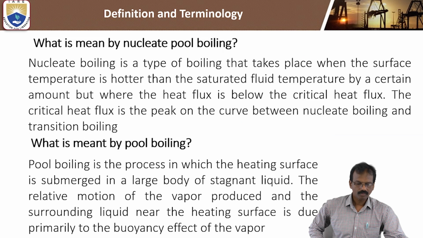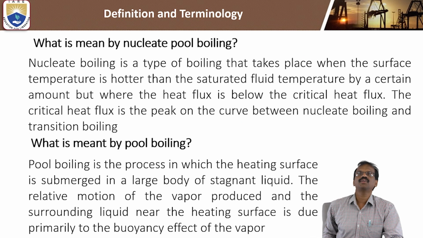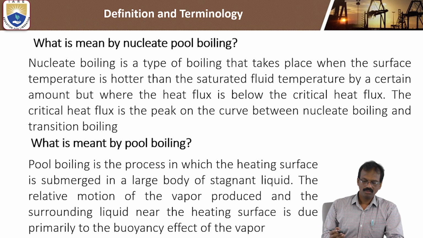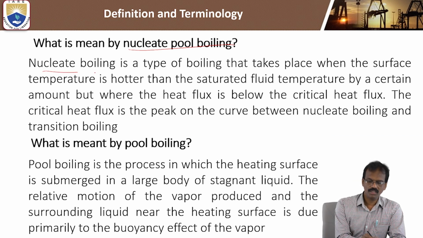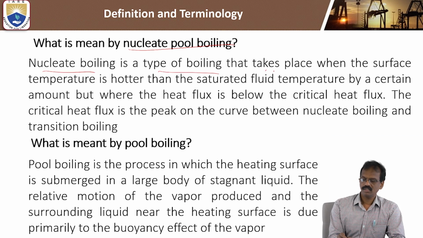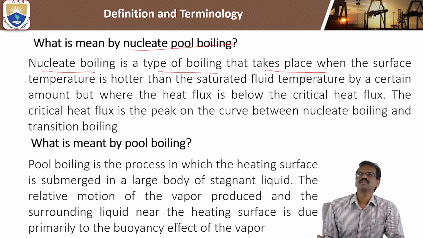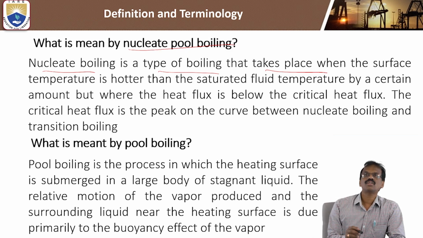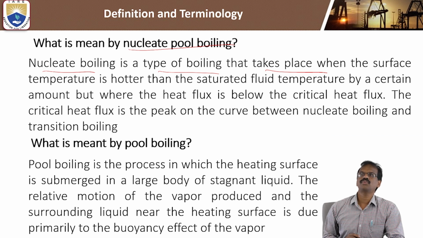So what is meant by nucleate pool boiling? You know that there are different types of boiling. Nucleate boiling is a type of boiling that takes place when the surface temperature is hotter than the saturated fluid temperature.